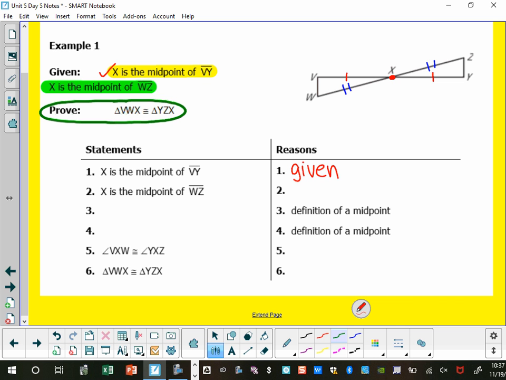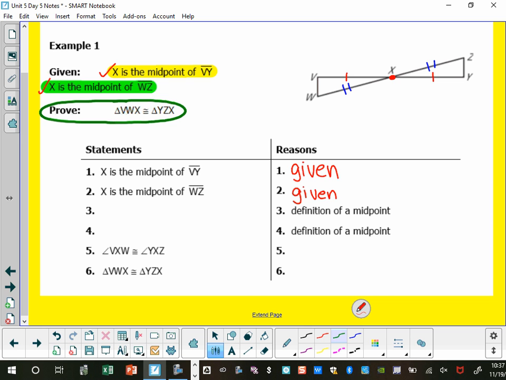Number 2 says X is the midpoint of WZ. How do we know that? They gave it to us. I don't have to figure out how it works. I just know because they gave it to me. So 1 and 2 are given. You just look at what they give us and write it in.